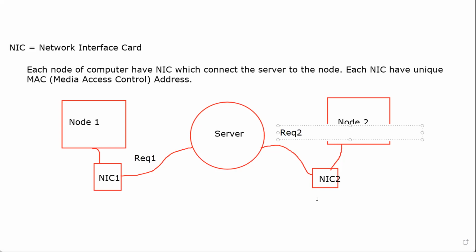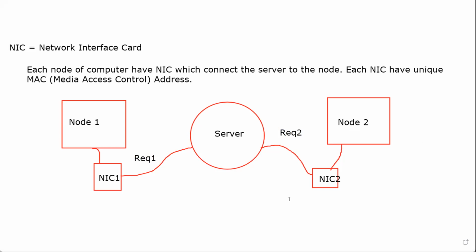This is how the server understands which computer is requesting, because it knows that NIC 1 and NIC 2 have two different MAC addresses. So accordingly, the server will give the response. I hope you get the point.